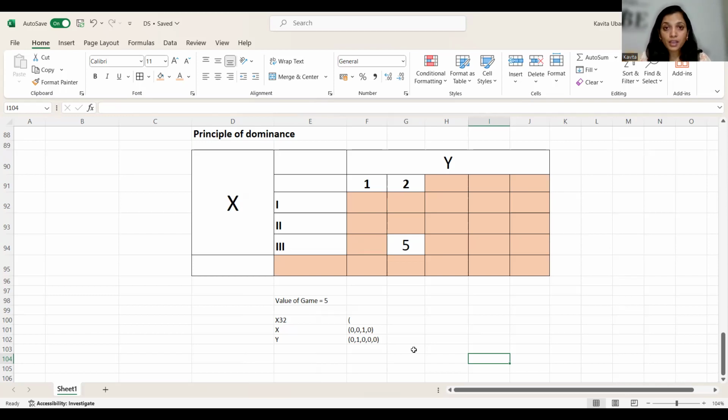This is the way you can reduce your matrix, or cancel out rows and columns. You have to iterate and apply this dominance rule on rows or columns till you get a 2 by 2 matrix. On a 2 by 2 matrix, if it is still possible to cancel out rows and columns, as we have done in this particular example, you can do that, or you can apply the 2 by 2 matrix formula and get the value of the game.